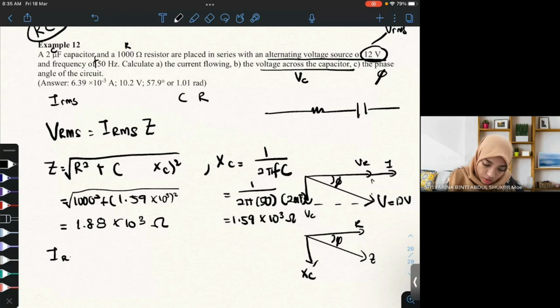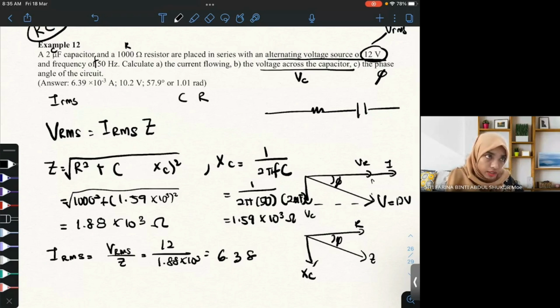Then rearrange equation tadi, V over Z. So V kita adalah 12, over 1.88 times 10 to the power 3. Kita dapat 6.38 times 10 to the power negative 3 ampere. Alright. 1.88 exponent. Okay, so dah dapat current, selesai satu soalan.